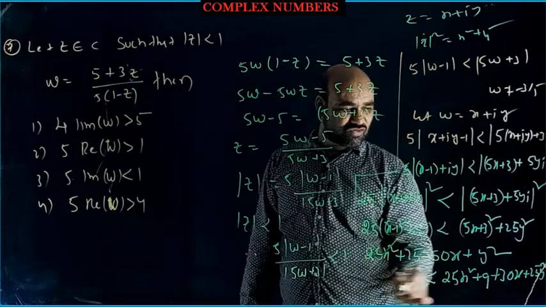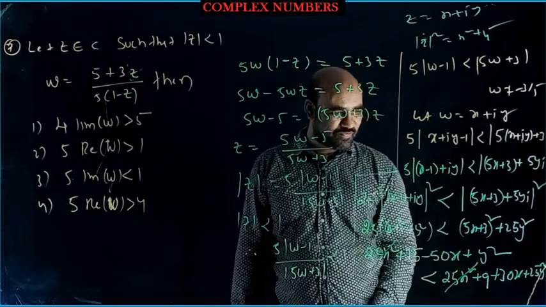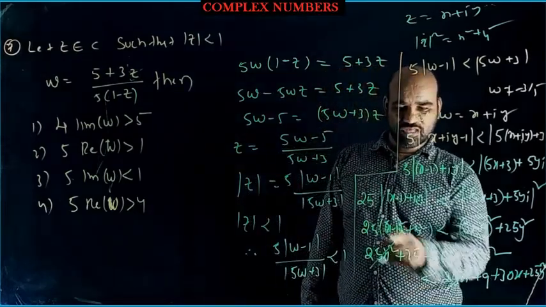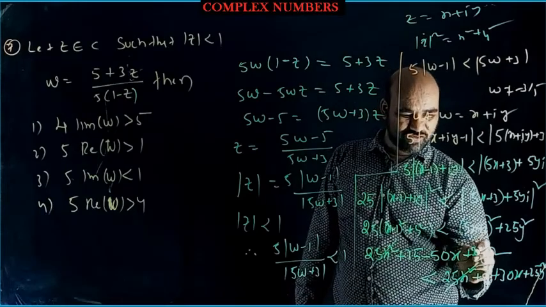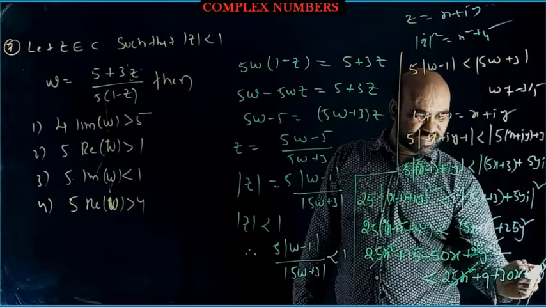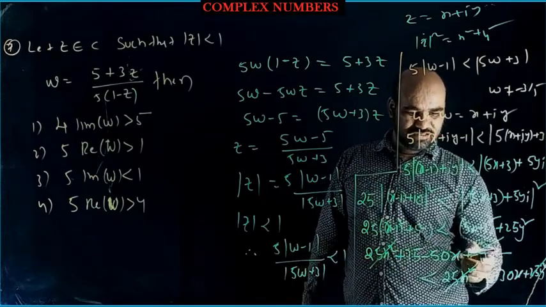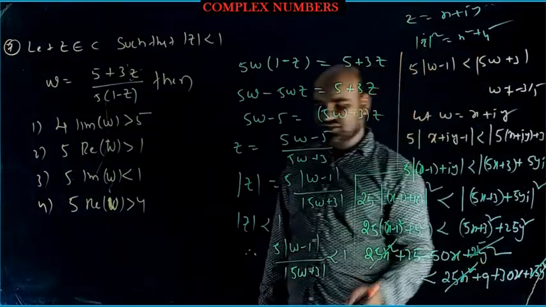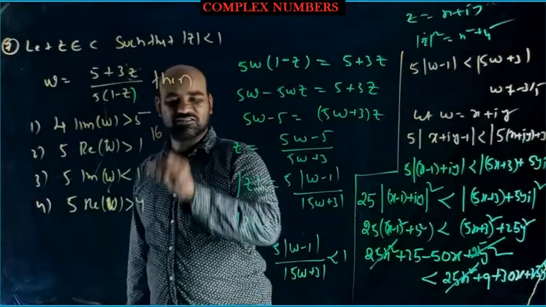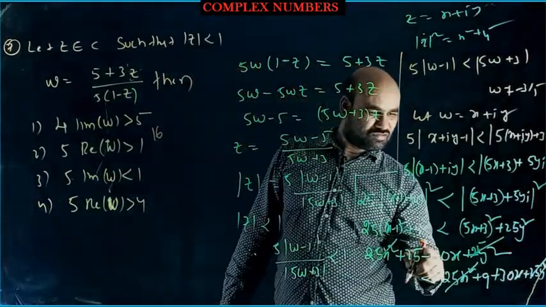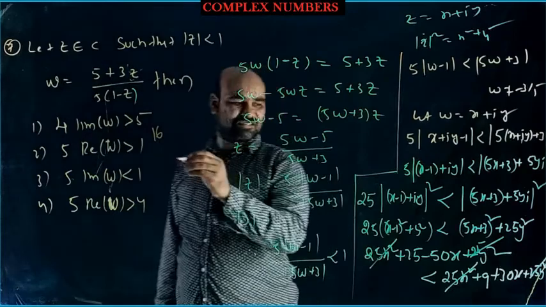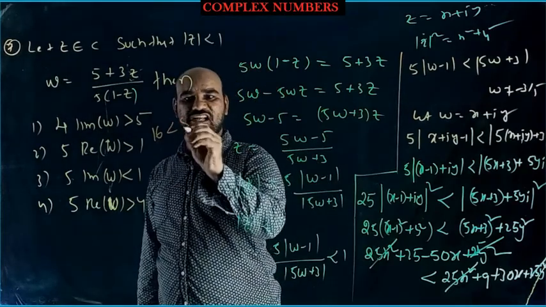So 25x square cancelled, and 25 y square also cancelled. So what did you get? Transfer this 9 to this side, 16 is less than 80x.